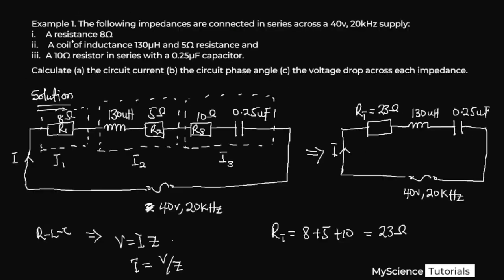Now, to find the voltage drop across just the resistor, the voltage drop across just the resistor will be equal to the product of the current and the total resistance. So if we go back, we realize that in that case, since this is impedance 1, we just use R1 as our resistance.